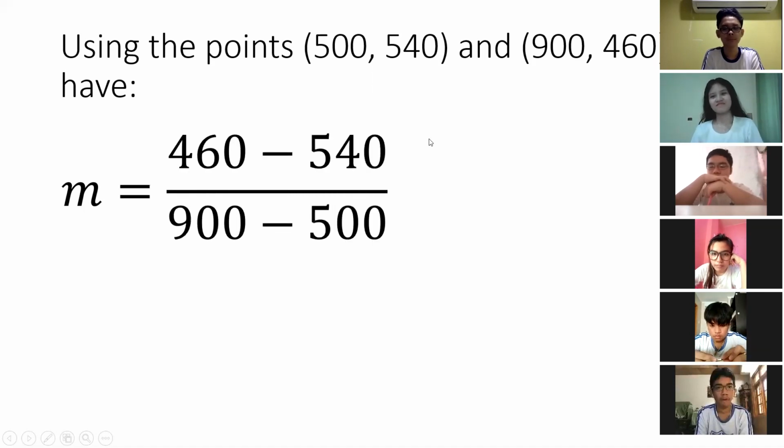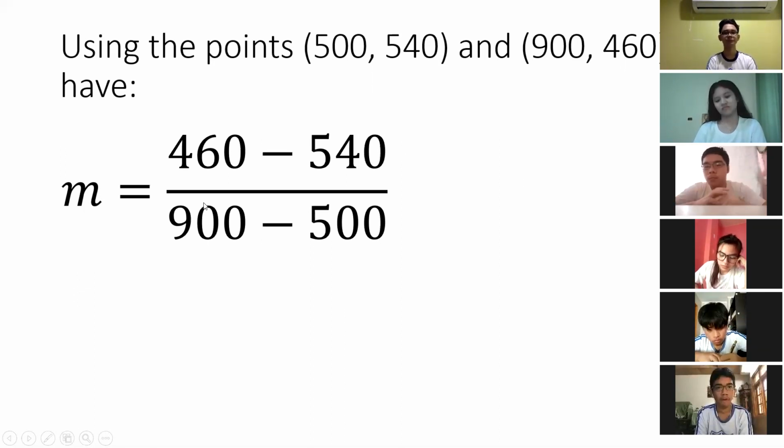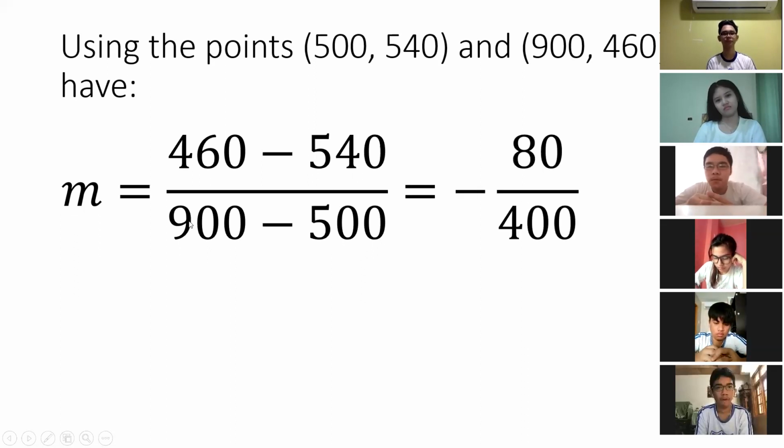So we have here, assuming that y sub 2 is 460, y sub 1 is 540, x sub 2 is 900, x sub 1 is 500. So we have y sub 2 minus y sub 1 all over x sub 2 minus x sub 1. Then subtract, you'll get negative 80, and then 900 minus 500 is 400.